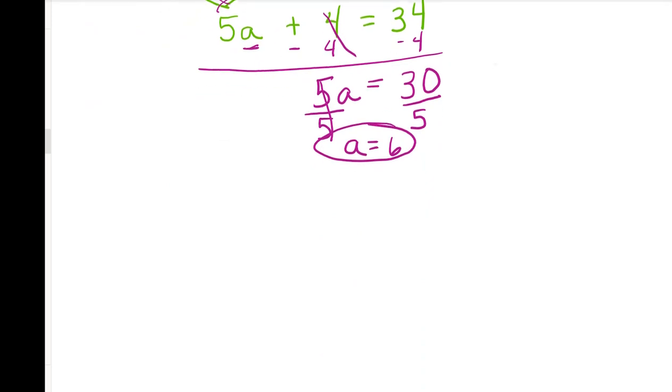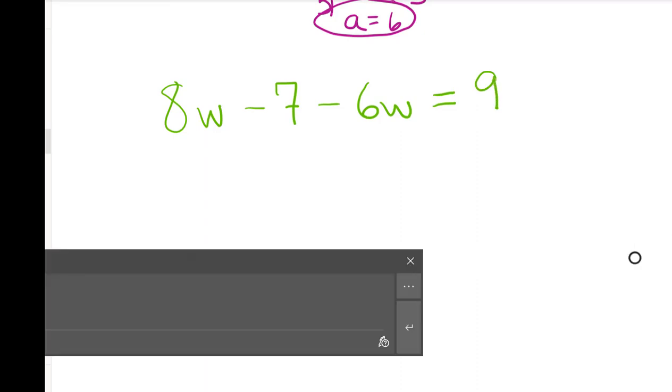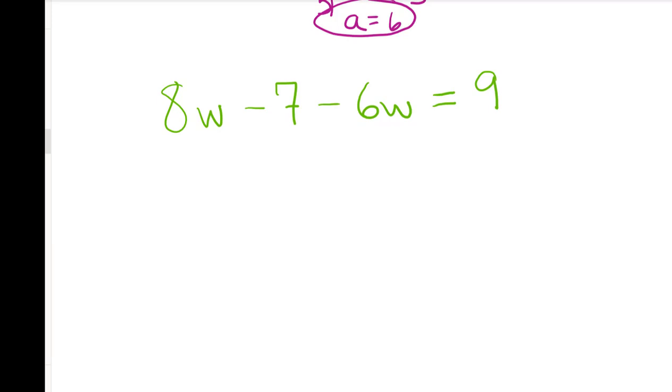All right, let's look at another one. Let's copy this example down. Let's say we have 8w minus 7 minus 6w equals 9. Which ones are the same term that we can combine?